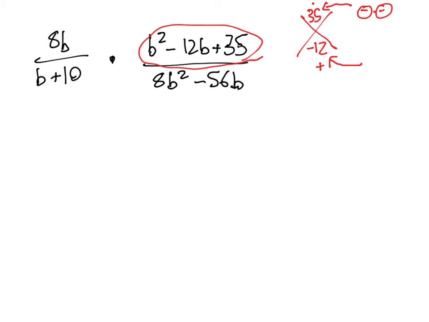Negative times a negative will become positive, and when we add two negative numbers, it will still be negative. And we can use negative 5 times negative 7 to solve this puzzle. So let's rewrite our numerator as b minus 5 times b minus 7.